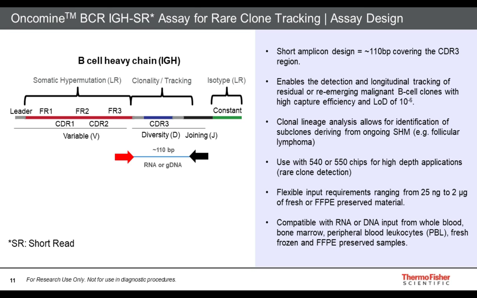So this provides an amplicon that spans that key CDR3 region, which is used to track B cells over time. The accompanying software with this assay allows one to identify clones, but also clonal lineages. And these refer to sets of rearrangements that are believed to be related by descent, but differ owing to somatic hypermutation and class switch recombination.